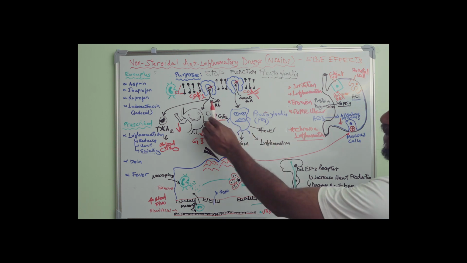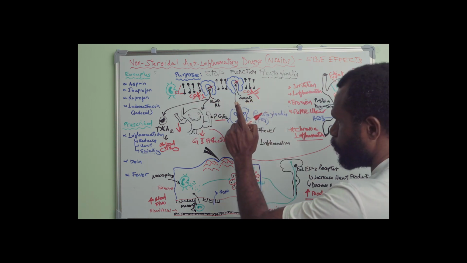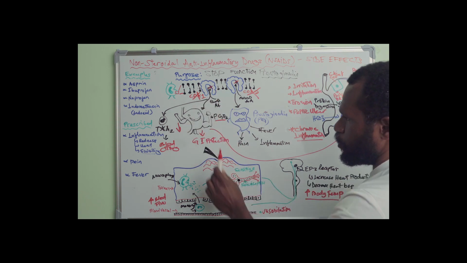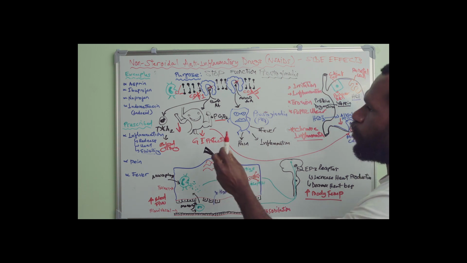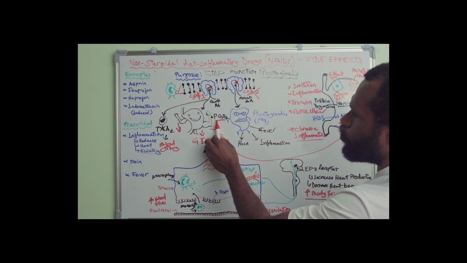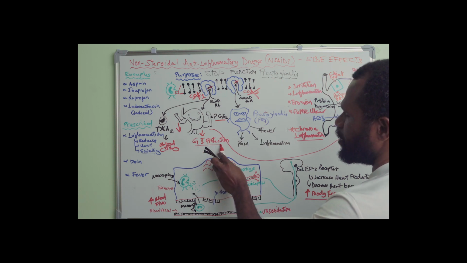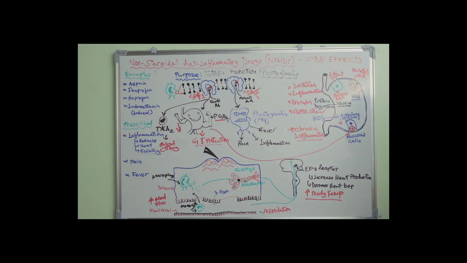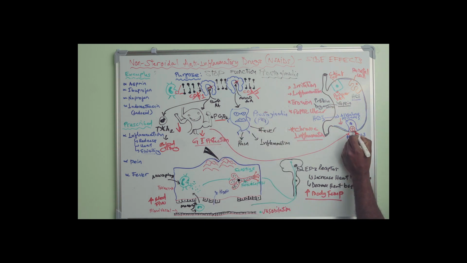But it also inhibits the COX-1 enzyme. When there is inhibition of the COX-1 enzyme, then it will decrease or stop the production of prostaglandin E2 that is responsible for GI protection. So when there is a reduction in prostaglandin E2, then there will be a reduction in alkaline mucus secretion.